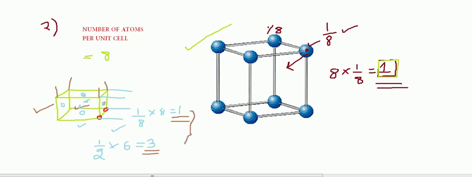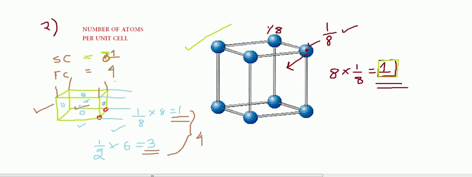So what is the total number of atoms per unit cell for a face centered? It is 4. So for simple cubic, oh sorry, this number will be 1, and for face centered we have 4.